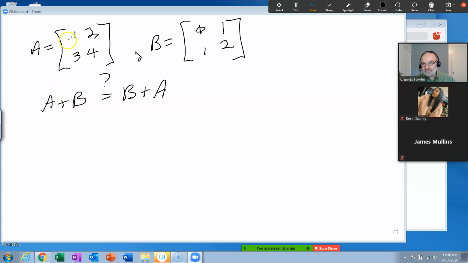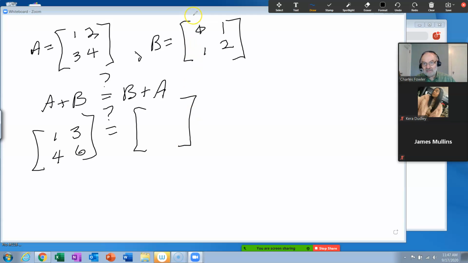To add matrices, you just add the corresponding elements. So this would be 1 plus 0 is 1, 2 plus 1 is 3, 3 plus 1 is 4, and 4 plus 2 is 6. Okay? Is that equal to, and let's do B plus A.